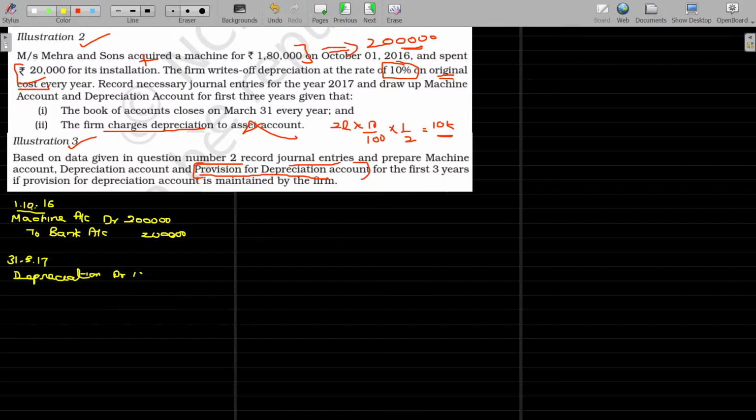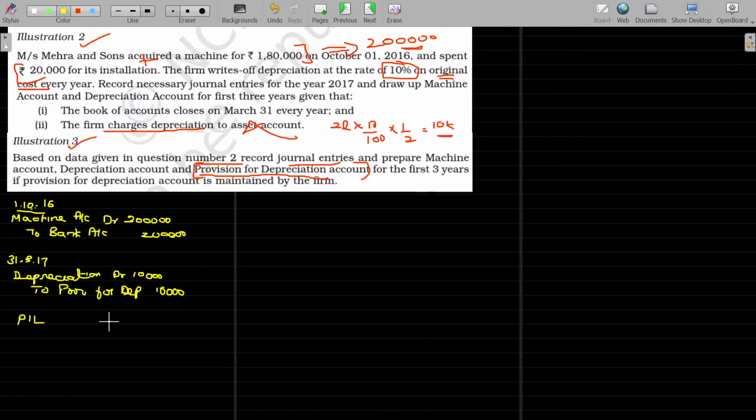This value being 10,000. Usually the depreciation should be adjusted in the asset account, but here it is not so. It will be accumulated in the provision for depreciation account. As usual, the depreciation will be transferable to the P&L account. I am transferring that here.